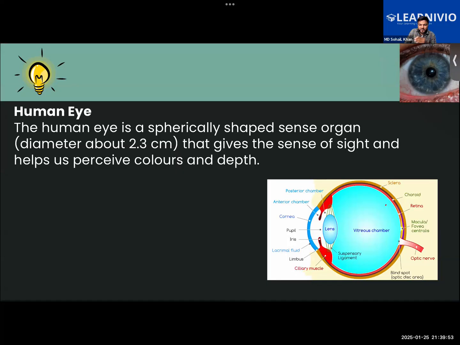By the way, I have a question that is not from the topic, but tell me, which part of the brain is responsible for vision? Our brain has been divided into different portions, right? Not particularly the hypothalamus. There are different lobes.